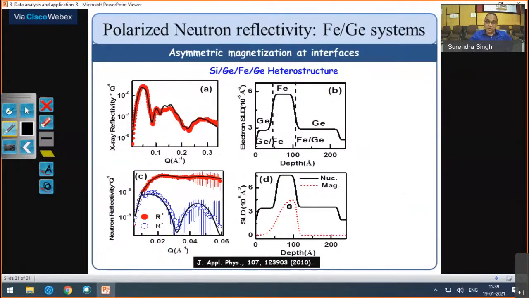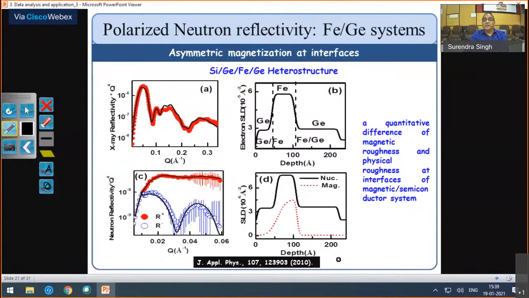At one of the interfaces a lot of interdiffusion is happening compared to the other. So there is an asymmetric interdiffusion at the interfaces in this iron germanium bilayer. From the bilayer we found that the magnetizations at the two interfaces do not behave the same.